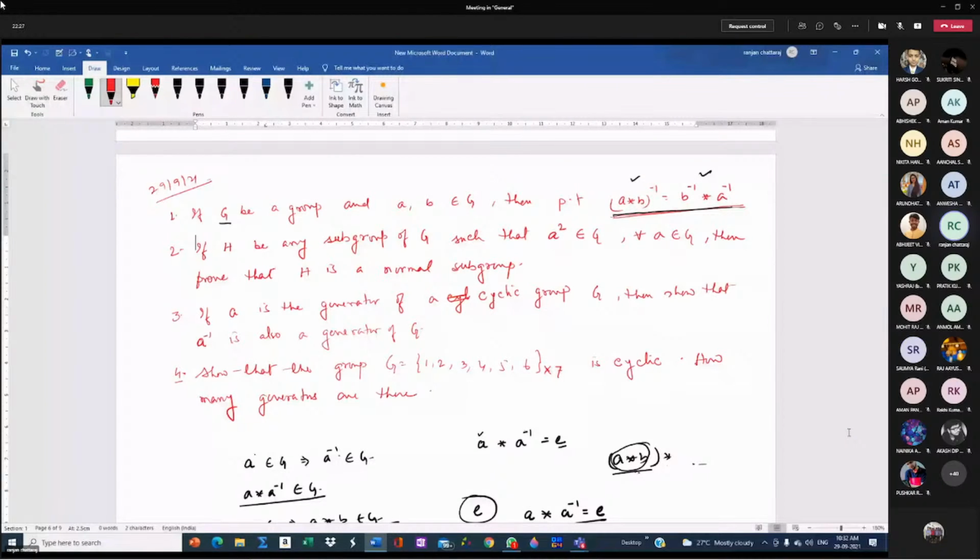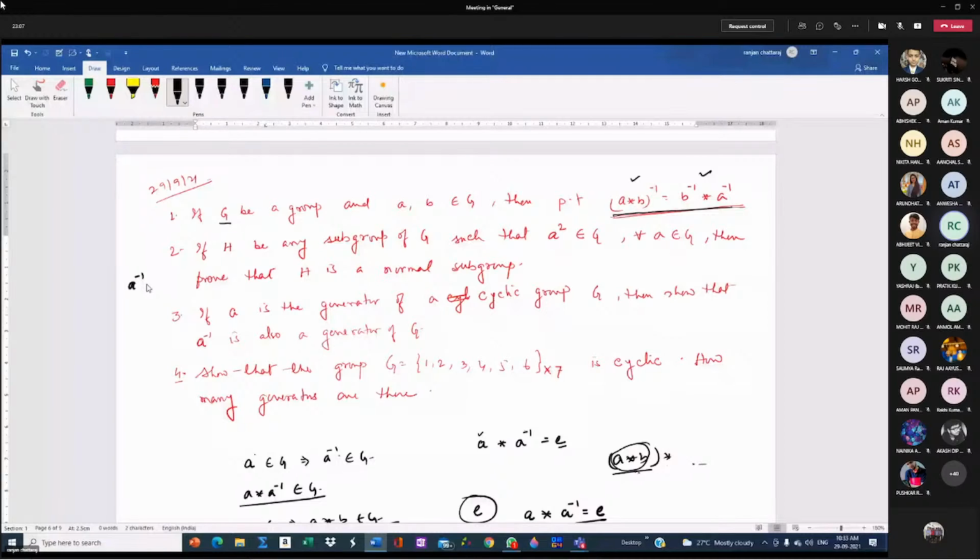Actually, don't confuse this coset with the abelian group. Suppose H is a subgroup, then a inverse H a is a subset of H. If this condition holds, then you can show that 2.